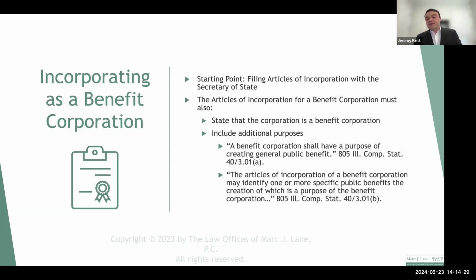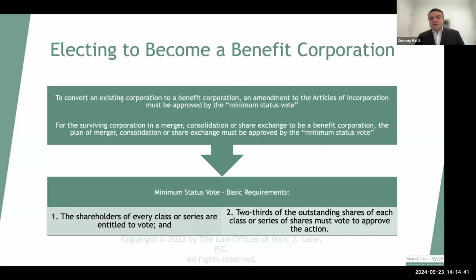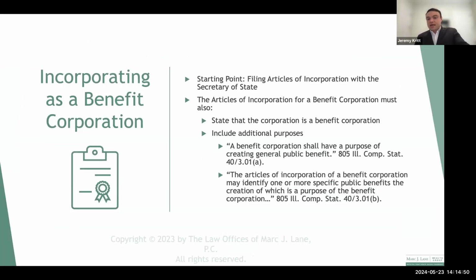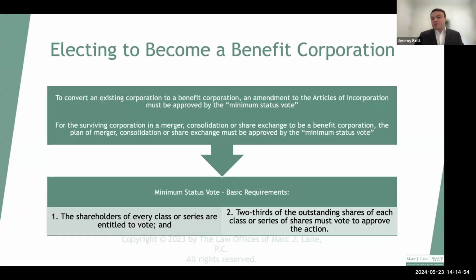But for a benefit corporation, those articles must also state that the corporation is a benefit corporation and must also include additional purposes. To elect to become a benefit corporation, all that's required is the articles having those two additional requirements, so the articles must be amended to include them.